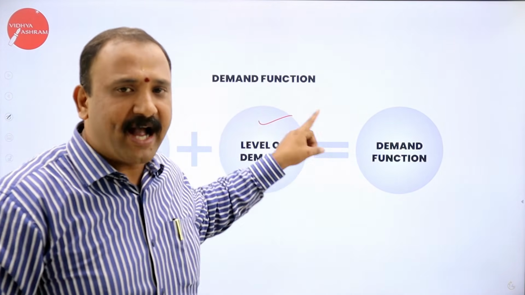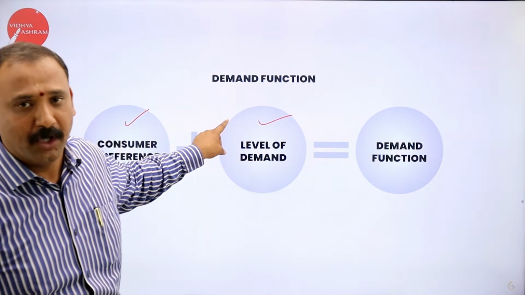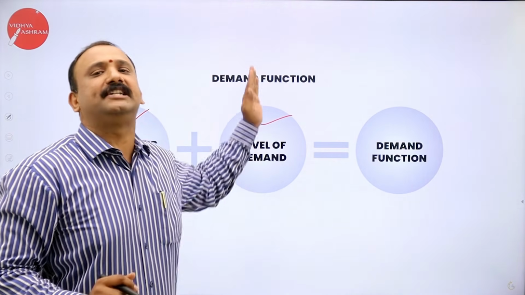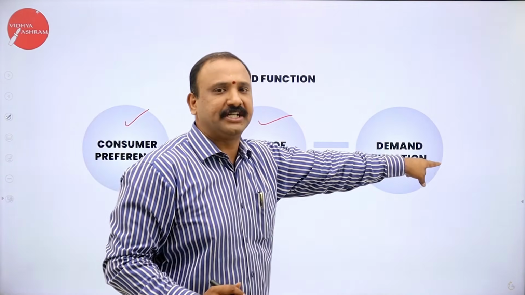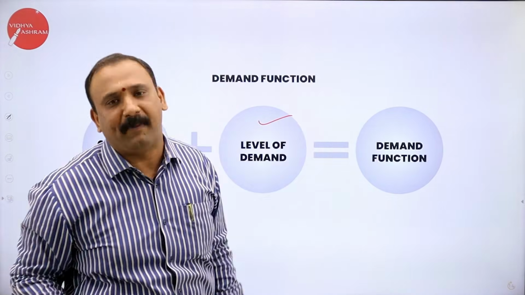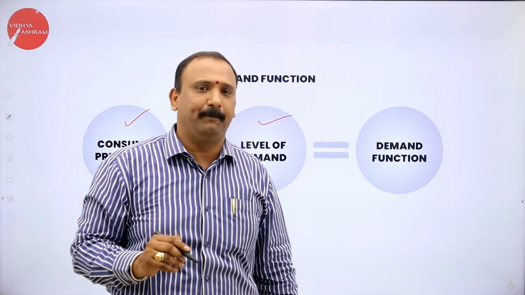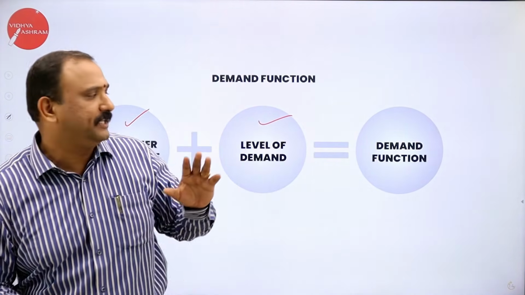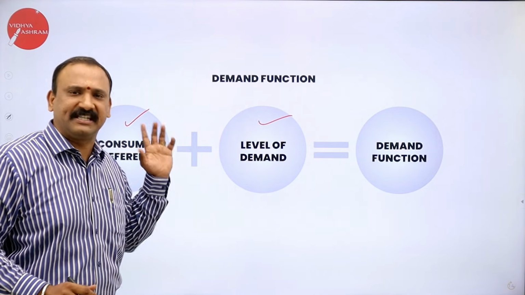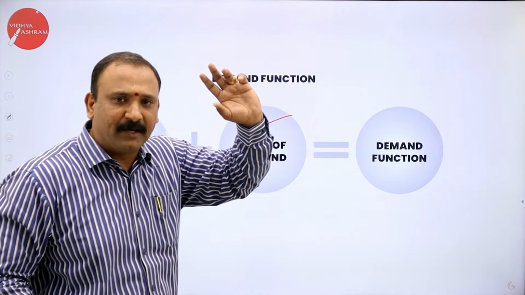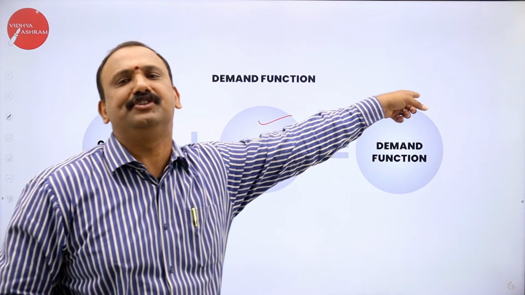Automatically, when the demand for that particular good with the preference starts moving up, the demand function for that product is set in the market. So most of the companies always think about these 2 factors. What is a preference? That's the product becomes the natural choice for the consumer.